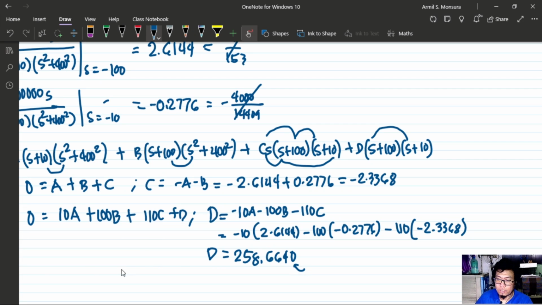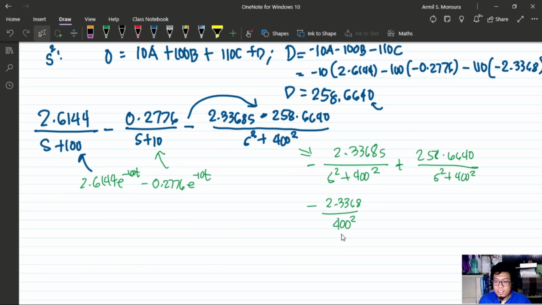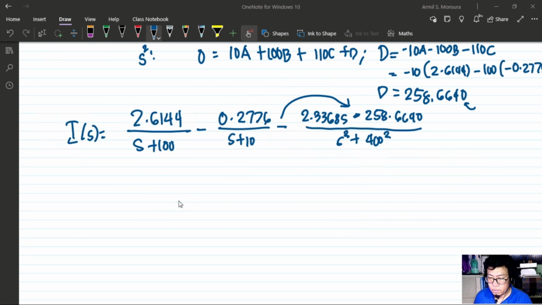The inverse for this can be easily written. This is basically a time domain exponential. Also here, this is a time domain exponential. But by the way, this should be negative now.